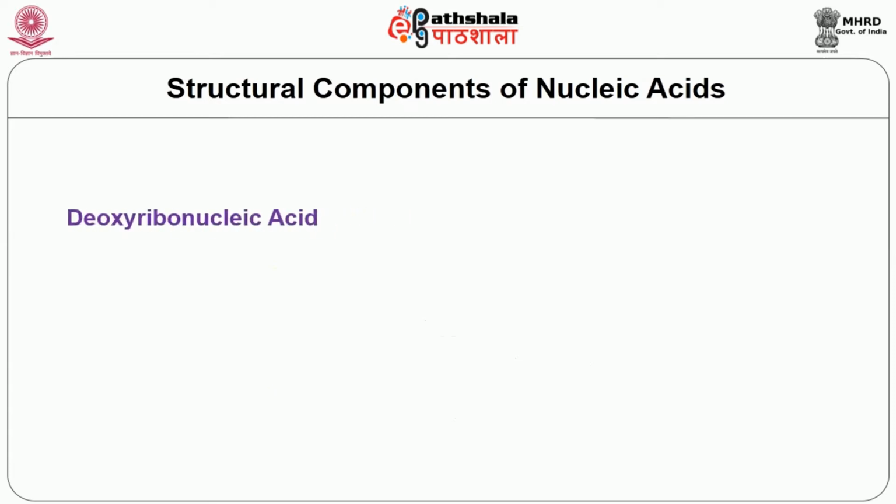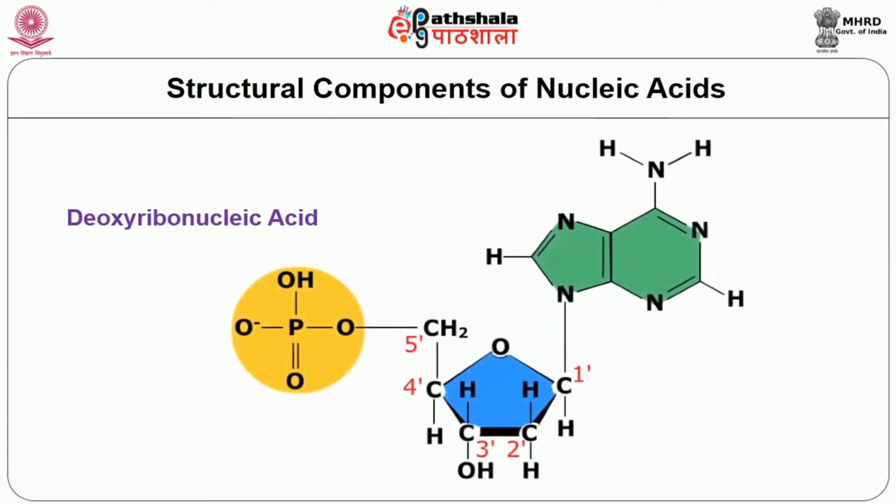DNA also contains the same sugar, but with a major modification in its structure. That is, on the second carbon of the sugar or on the 2 prime carbon, one oxygen atom is removed. Hence, the sugar is called a 2 prime deoxyribose. The structure of this sugar is shown here.